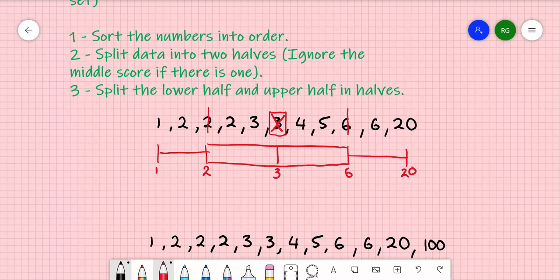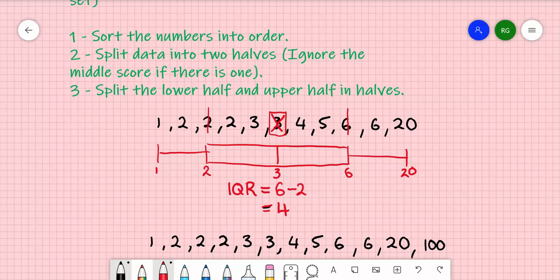So what this has now told me is my interquartile range, the IQR, is equal to 6 take away 2. So interquartile range, remember the range is the smallest to the largest, or the difference. In this case, it is 4.